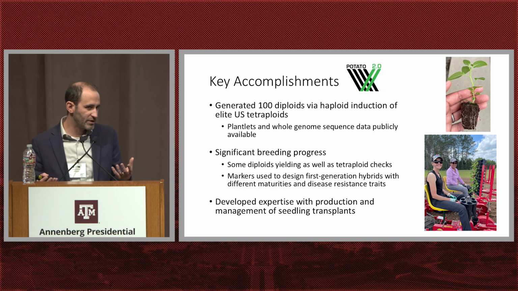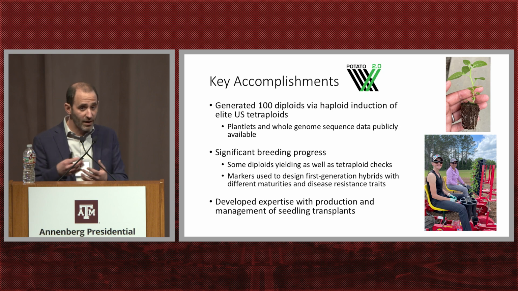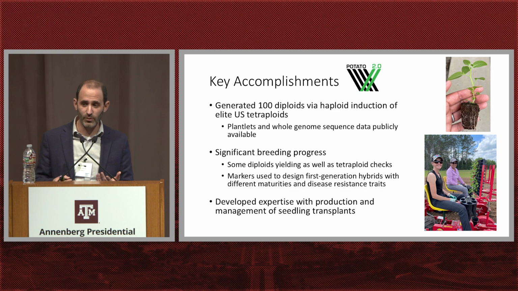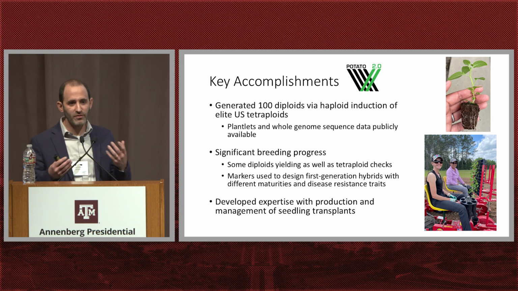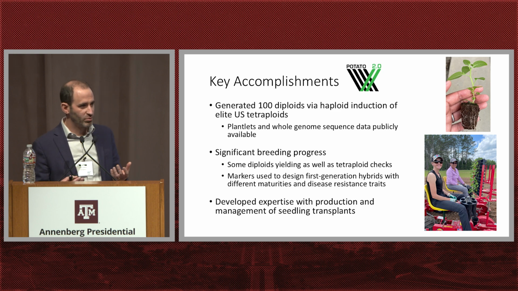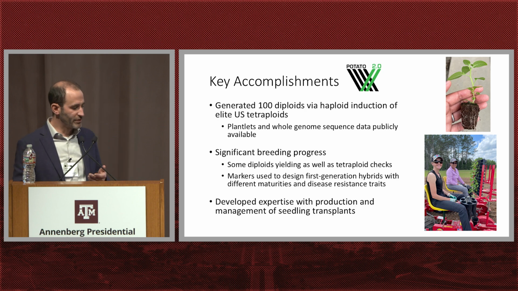These are just outbred diploids that are yielding as well as their tetraploid checks. Now, they don't have all the other characteristics needed, so it's not like they're about to release the first diploid variety. But a lot of the perception of diploid breeding was that you'll never match the yield of a tetraploid variety. That has been the negative stereotype, which I think has prevented investment earlier. And I think that they're dispelling some of these notions through their work.